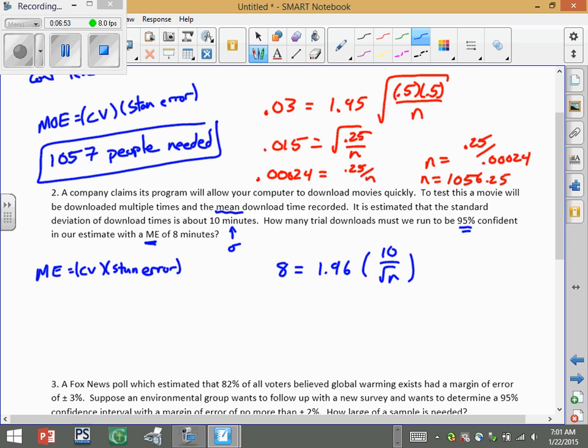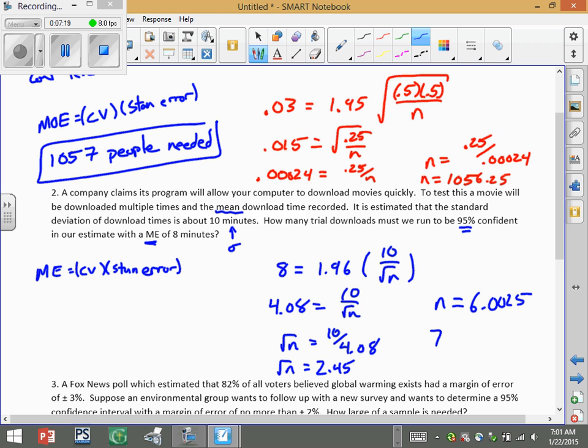So divide both sides by 1.96. 4.08 equals 10 over the square root of n, which means the square root of n equals 10 over 4.08. So 10 over my previous answer, so that's square root of n equals 2.45, square both sides. So n equals 6.0025, which means we need 7 downloads.